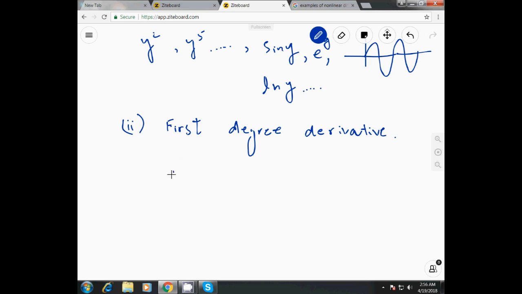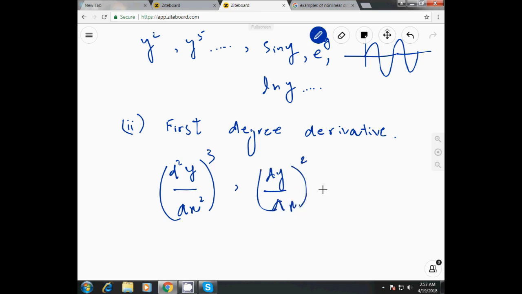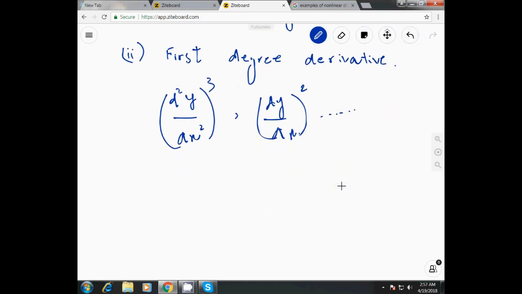For example, d square y by dx square whole power 3. An equation that involves such type of derivative does not qualify to be a linear differential equation. Similarly, dy by dx whole raised to the power 2, etc. Such an equation that involves these types of derivatives is not a linear differential equation.